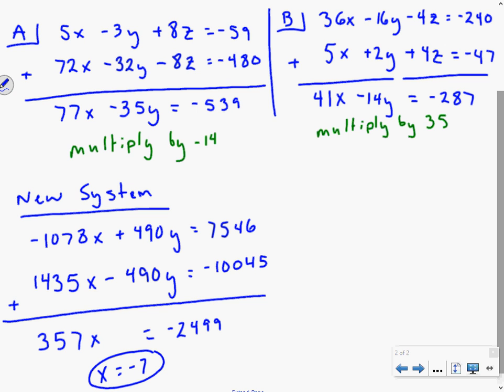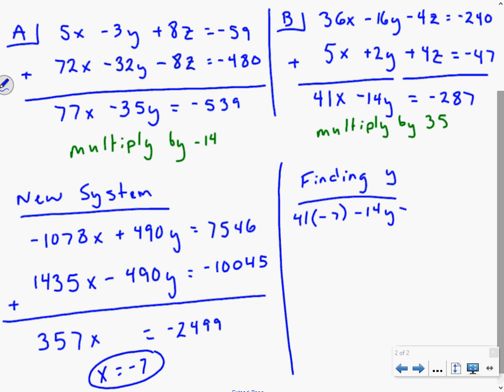So now we start backtracking to find the rest. If we back up to our a and b equations, where we just had x and y, we can plug in this x value we just found to find our y value. Let's plug it into our b equation. So we've got 41x minus 14y equal to negative 287.